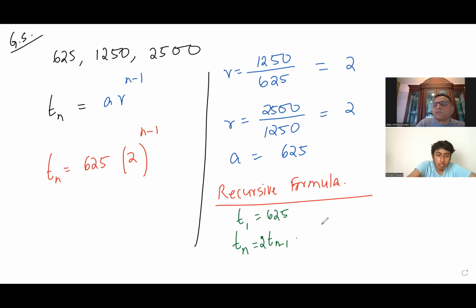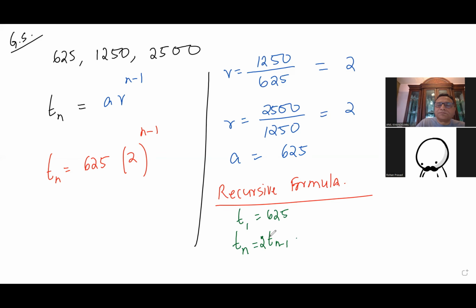We just double the previous number to get the next number, right? So, sir, the recursive formula would be Tn equals T of n minus 1 times R. R is 2, right. Correct. So in general, the recursive formula will be Tn equals R times Tn minus 1. Correct.